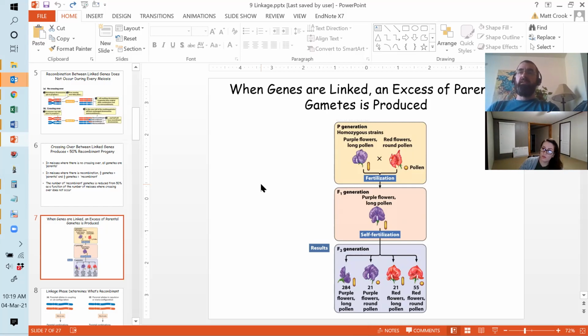In epistasis, you'll have maybe 4 different phenotypes, maybe 3, maybe 2, sorry, in the P generation, in the parents. And in the F2 generation, you will see less than 4 different combinations.